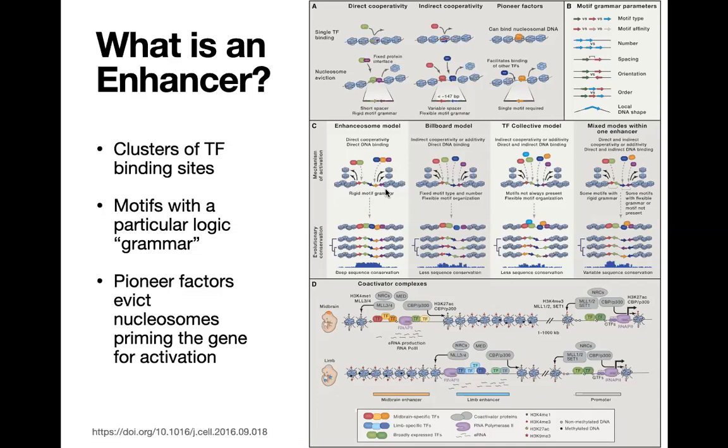If the gene is not bound to the nucleosome, then one transcription factor may be sufficient, but maybe it may not be. It could be that it's not sufficient. It's going to depend from gene to gene.